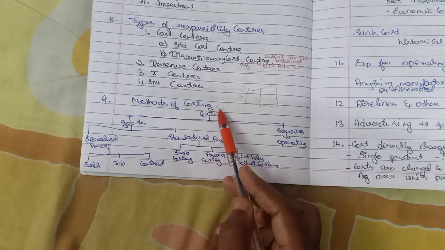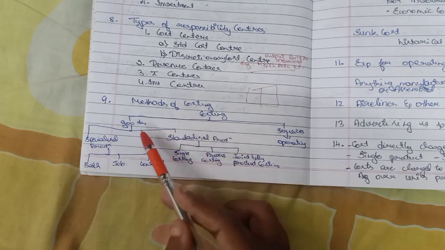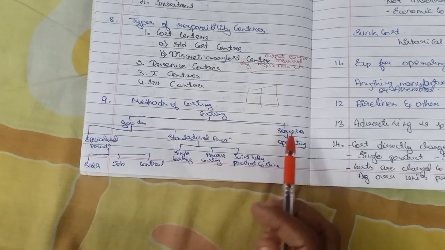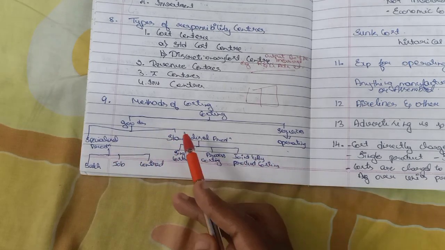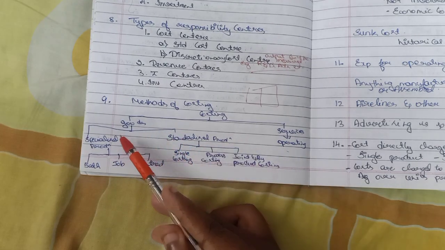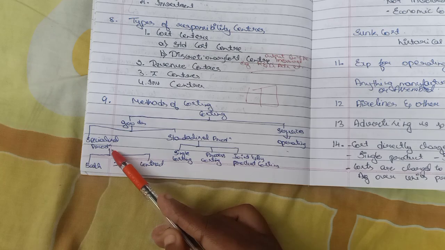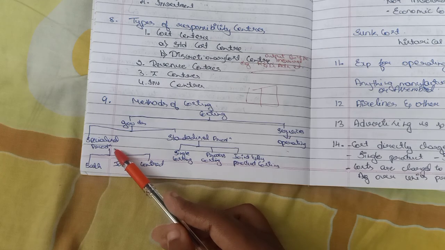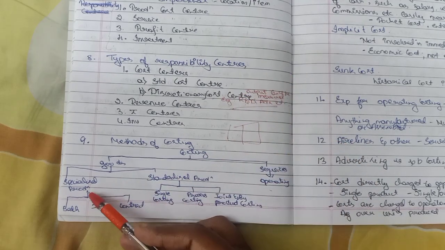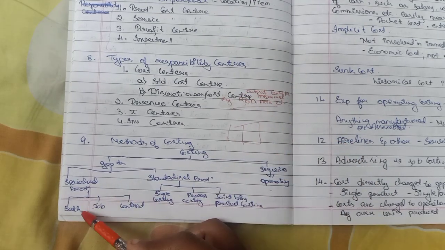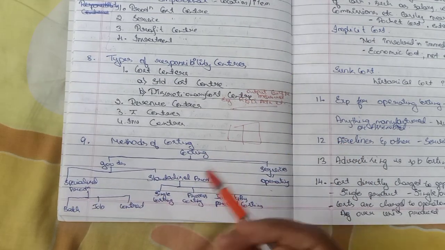What are the methods of costing? Costing is on goods and services. For services, it is operating. For goods, it is specialized production and standardized production. For specialized production, that is variety types that we'll see, like in job we'll be asking for different varieties. We'll remember it like that. Specialized production: batch, job, contract.